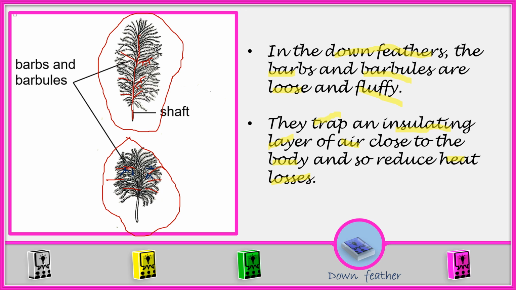We know that air is a poor conductor of heat. So when air is trapped in between the barbs and the barbules, it becomes an insulator. It does not allow the body to lose heat to the environment.